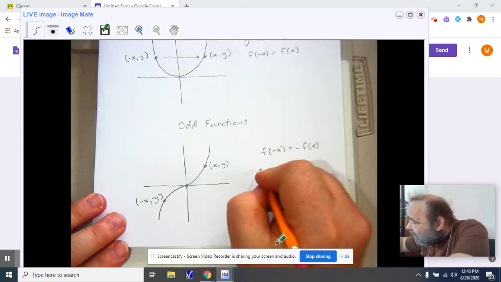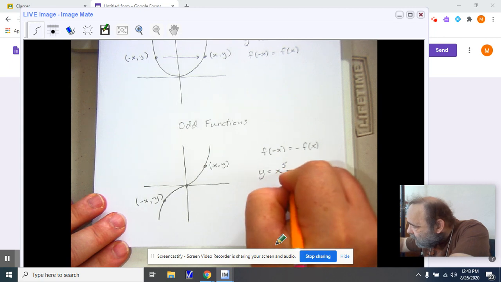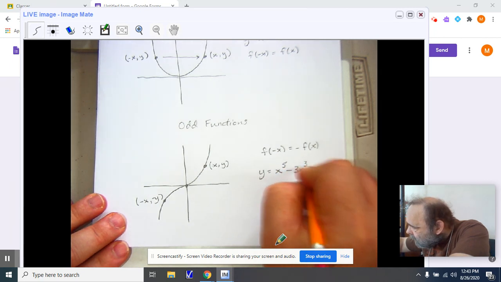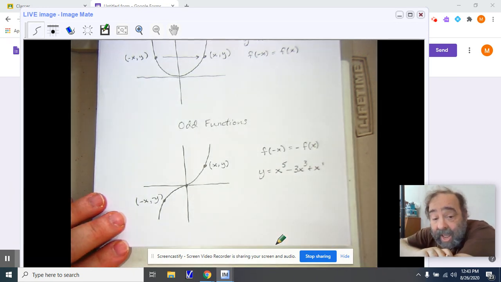Please remember that any function that has only odd exponents will be an odd function and will have symmetry to the origin.